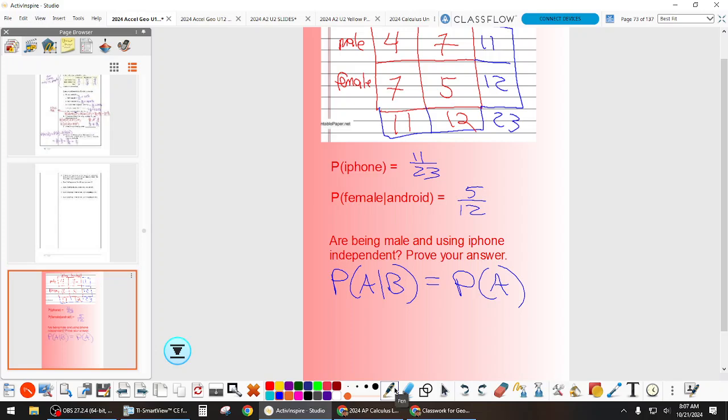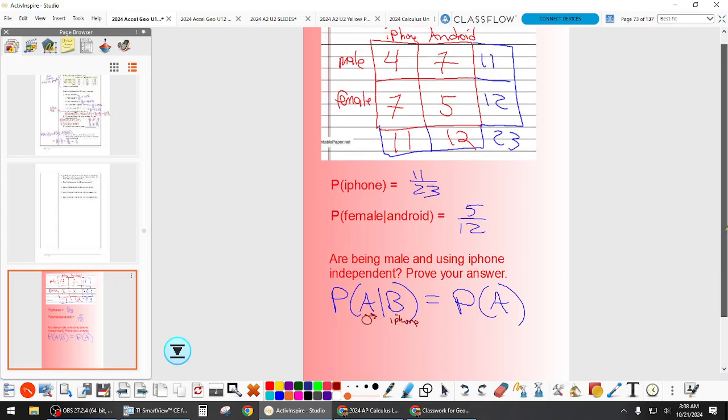What do you want to call A and B? Male, okay. So this is male, and this will be iPhone. So what's the probability of being a male given that you're an iPhone user? Male out of the iPhone crew, so 4 out of 11. And then probability of just being male? 11 out of 23.